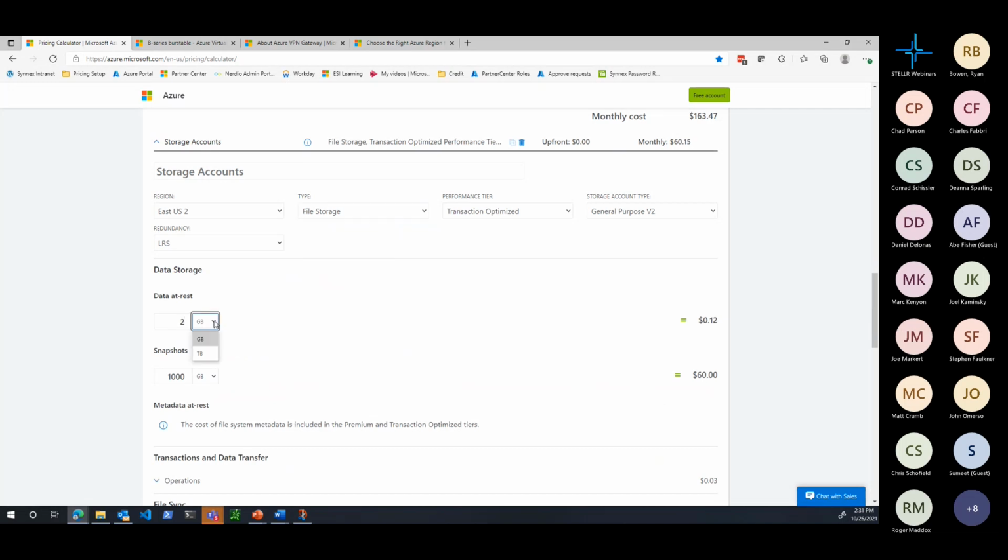And you have let's say 2 terabytes there with a 1 terabyte snapshot, right? Maybe your snapshot's a little bit smaller, 500 gigs, right? You're going to have to pay for all of that storage. Now, what you're using is what you're going to pay for. Again, with file storage, just because you may have provisioned or given yourself space of 2 terabytes, we all know how file servers work.